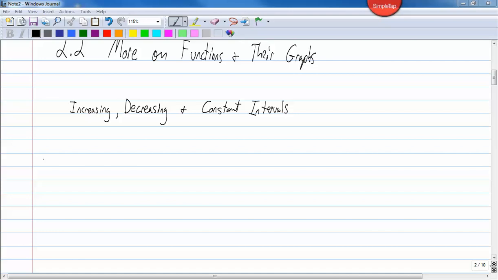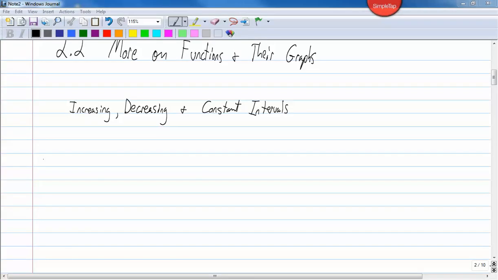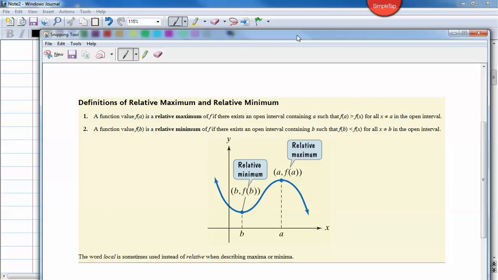Alright. I may not test you on this, but just real quick, if you ever hear the word maximum or minimum used with a graph, it's just like it sounds. And your book uses relative maximum and relative minimum.